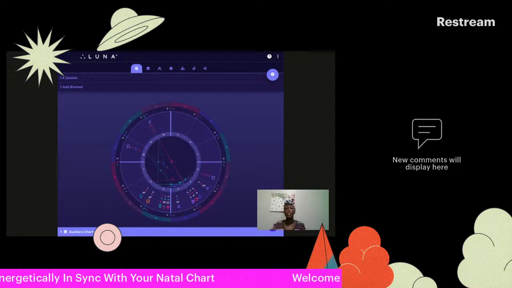This is your rising sign. You need to know that energy to know how you are going to express yourself, because that is the very first energy that people will encounter when they meet you. So you need to know how you are going to express yourself to the outside world.